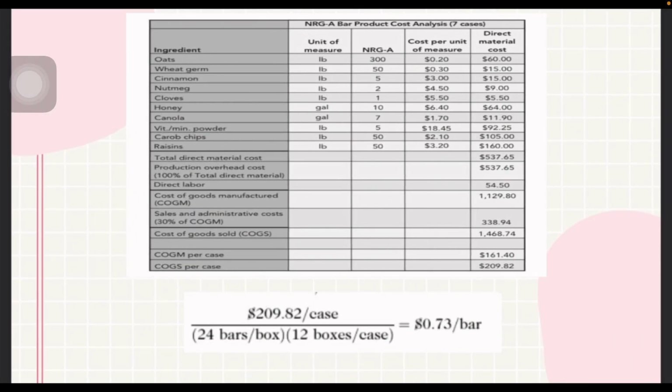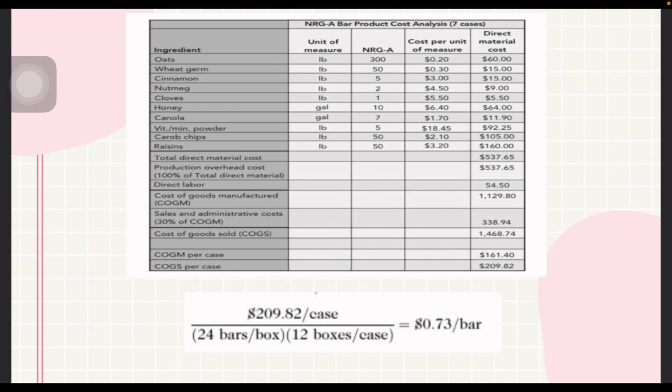So, as we can see, for example, the per pound cost of oats is $0.20. To get the material cost, we multiply the amount of material by the unit cost, which gives the direct material cost for that ingredient item.